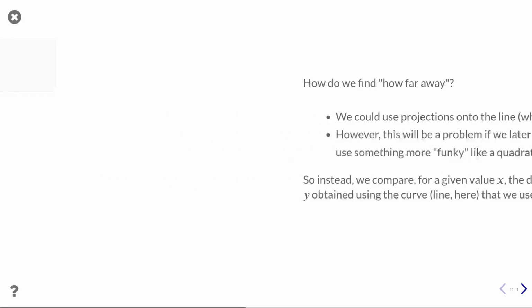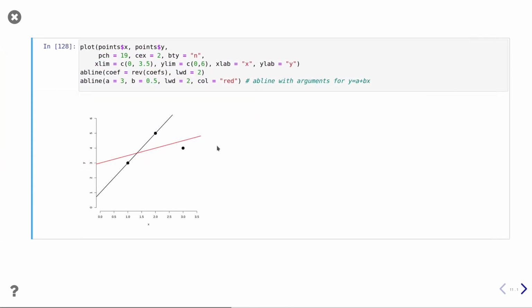I want to draw a straight line as close as possible to these points. But we will see soon that you don't have to use a straight line. You can take a line that is a curve, that is more complicated.